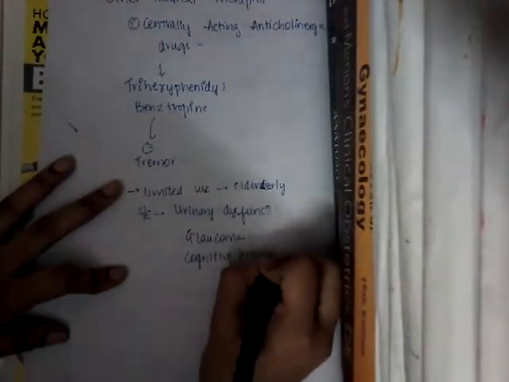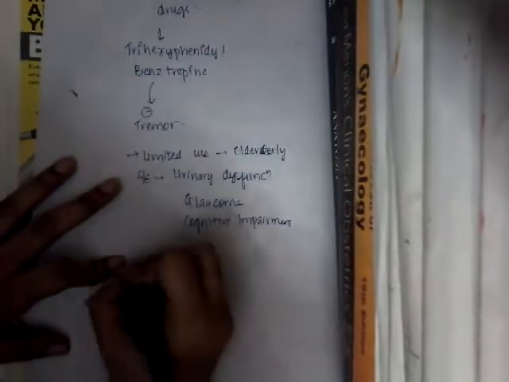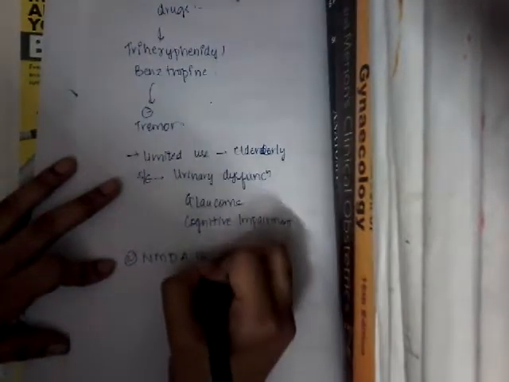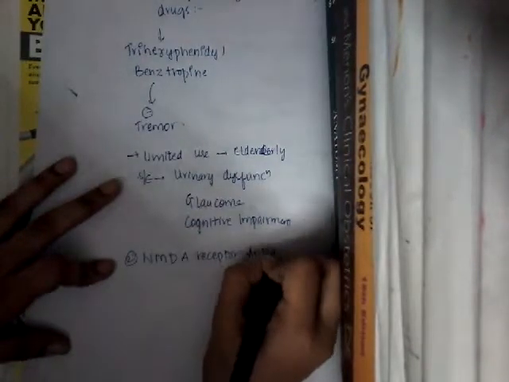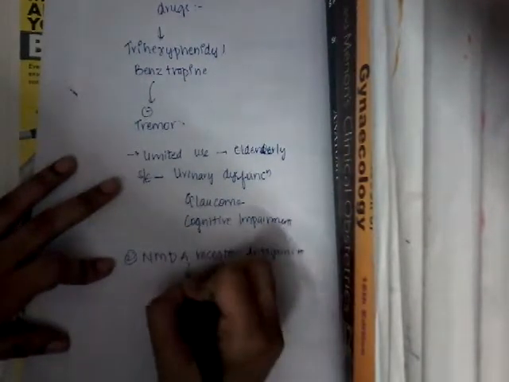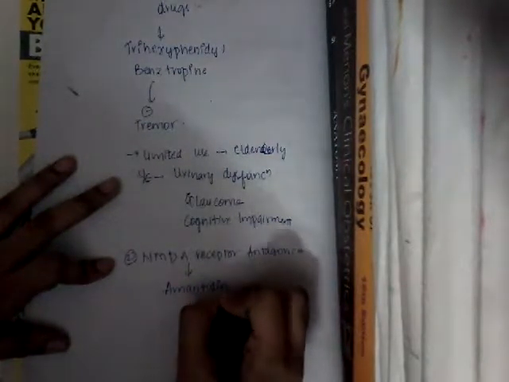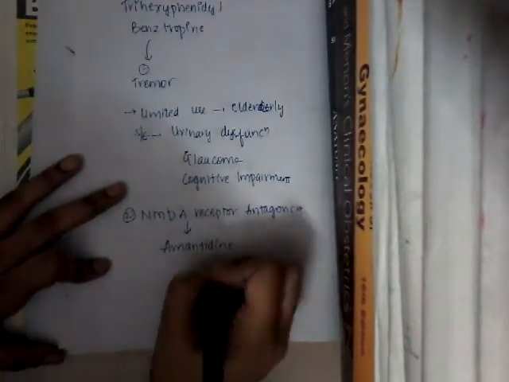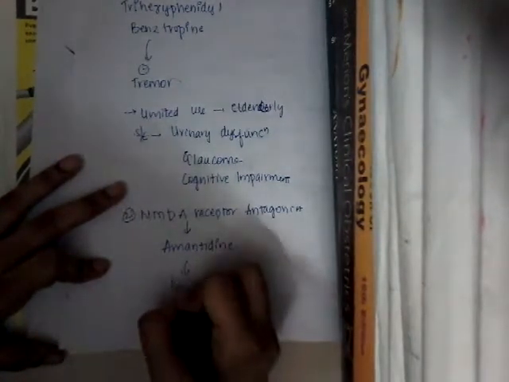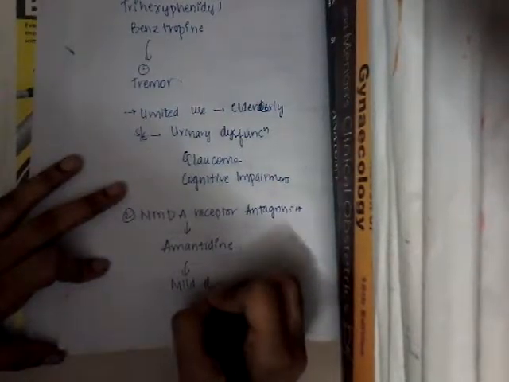Right? The second drug which can be used is an NMDA receptor antagonist, which is amantadine. Though it was introduced as an antiviral agent, it has an anti-Parkinsonism effect, so it is used in mild disease.